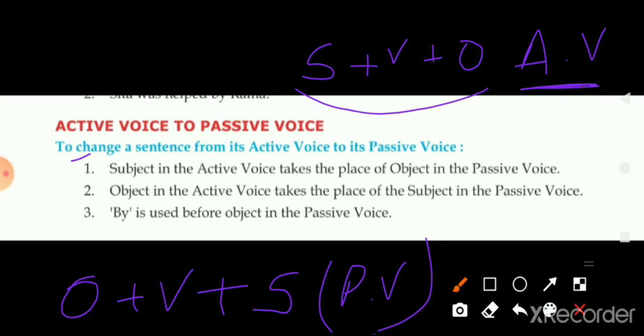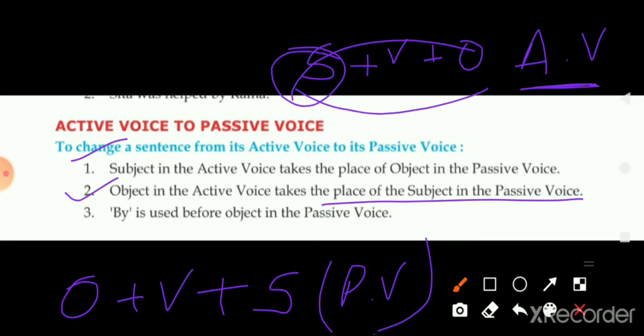First rule done. The second point says that the object in the active voice takes the place of the subject in the passive voice. So when we shift the subject to the place of the object, the object takes the place of the subject. Clear? The third thing is that "by" is used before the subject in the passive voice.